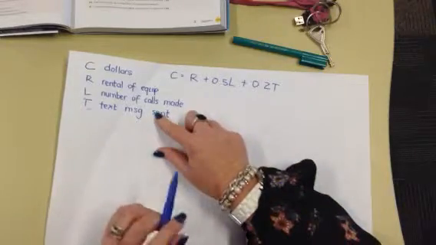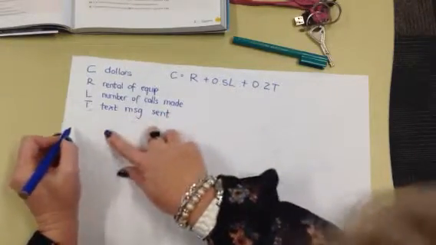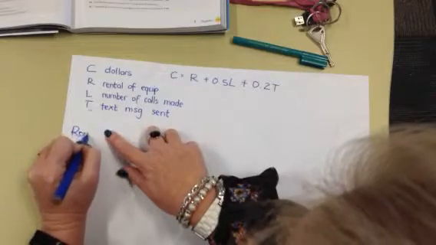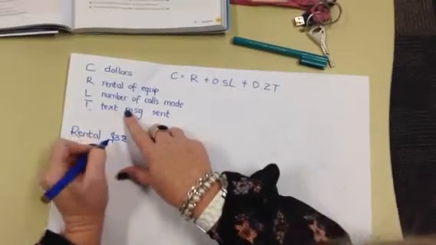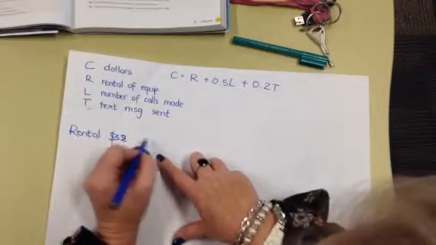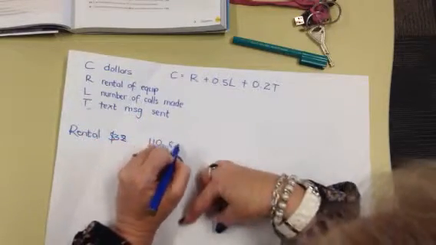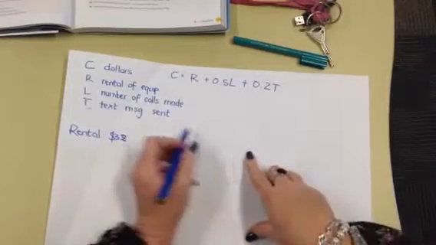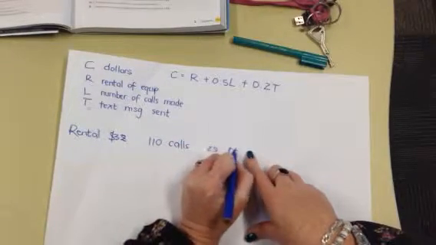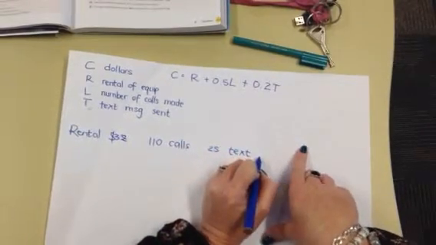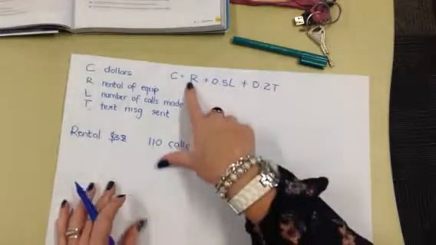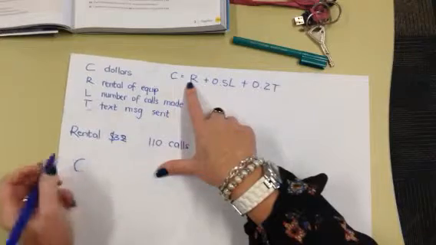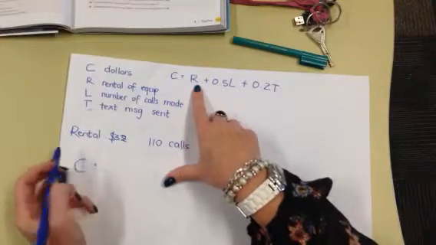So they're telling us that the rental is $32. There are 110 calls, 25 text messages. How much is the bill? Right, so let's do our equation. C is the money, so that's what we want to find out, equals R, the rental.